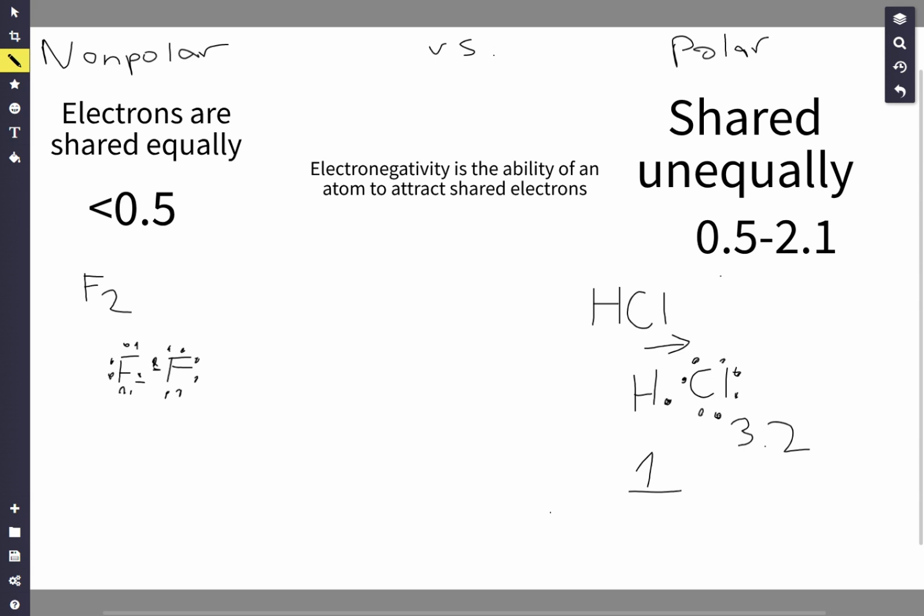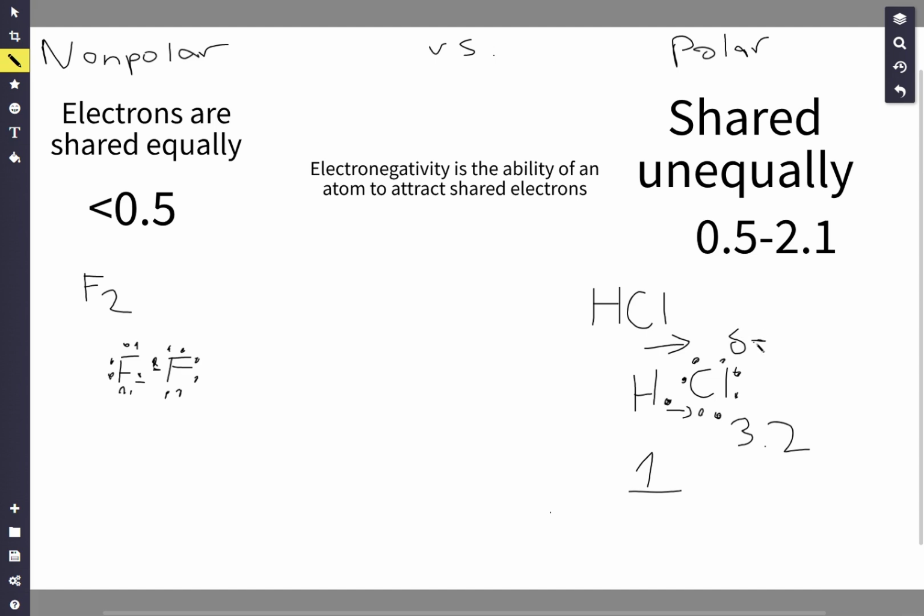This is going to result in chlorine and hydrogen both having partial charges. Chlorine will have a negative partial charge because the electrons are going to be going closer to chlorine. Hydrogen is going to be losing negative charge, meaning it will be gaining a partial positive charge. So we can denote this by a symbol called lowercase delta, which looks like this, and we can put the positive or negative symbol next to it.